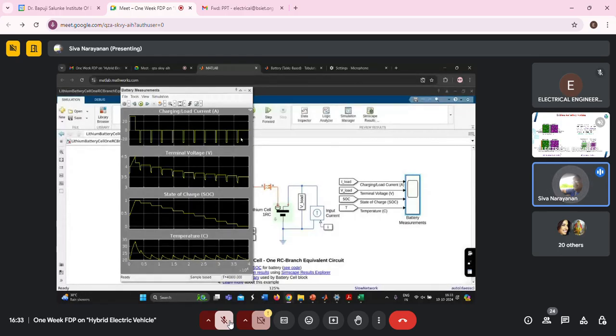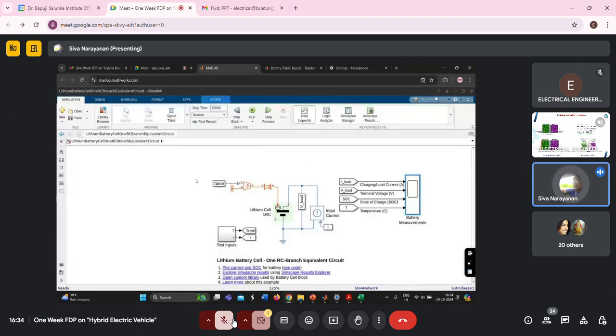Based on the driving cycle, you can see the temperature generated for that particular current. Initially the voltage increases because you are giving a positive current, and when current increases, voltage automatically increases. Then slowly you give discharge current, then charge, discharge and charge, with a small change in the SOC. Okay, so this is one way.